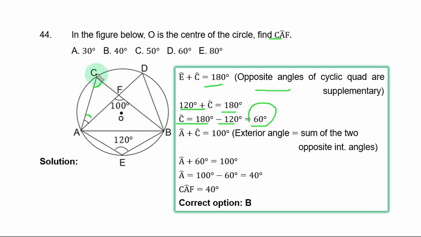Look at triangle CAF. This angle here is exterior. It means the sum of A and C is equal to 100 degrees. You have the reason.